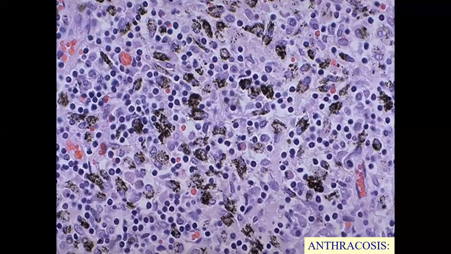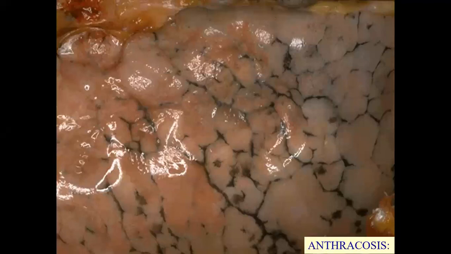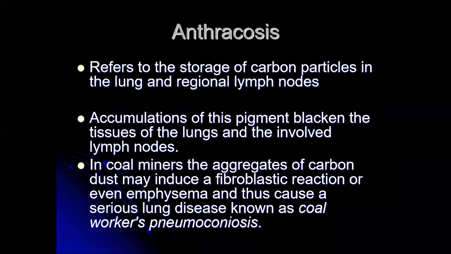These are the alveolar macrophages that ingest this dark black pigment, and the condition is referred to as anthracosis. So what is anthracosis? Anthracosis is accumulation of carbon pigment that results in blackening of tissues within the lungs and the involved regional nodes. This storage of carbon particles in the lung and regional lymph nodes is most of the time not associated with ill health, but is referred to as anthracosis.